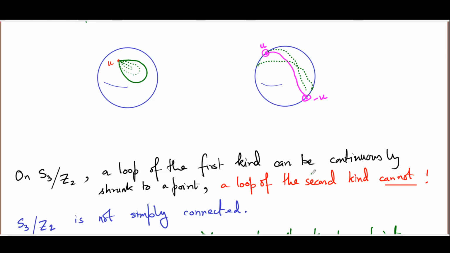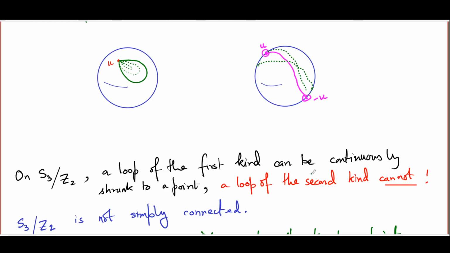However, it is important to note that S3 by Z2, while not simply connected, has a connectivity which is not too complicated. It's actually doubly connected. In other words, any loop on S3 by Z2 which is traversed twice can be shrunk down to a point.